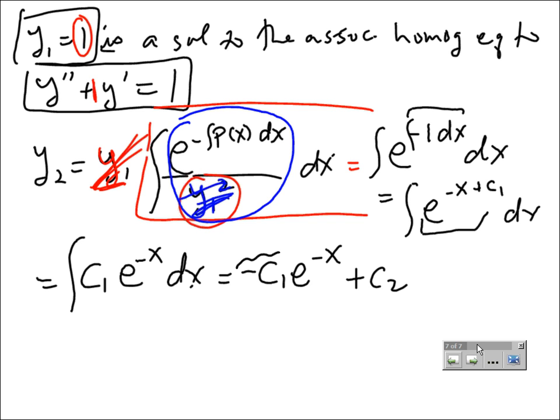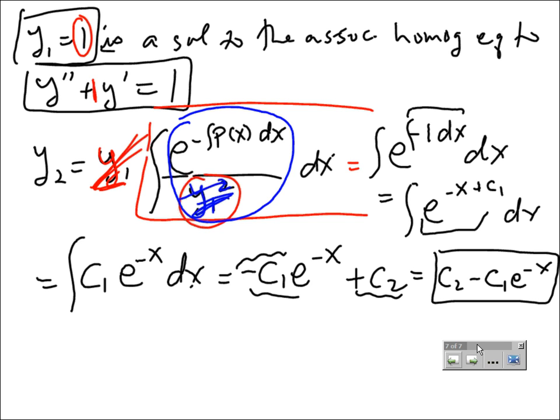Of course, you can just call negative c1 another constant without a negative sign. I'll leave it that way, but I hate starting off with a negative. So I'll say it's c2 minus that. So that is what y2 equals. Okay, so y2 equals that. That's a second solution to the associated homogeneous equation.